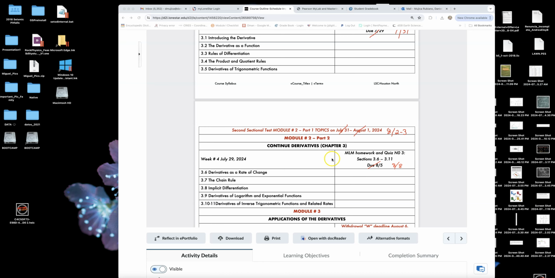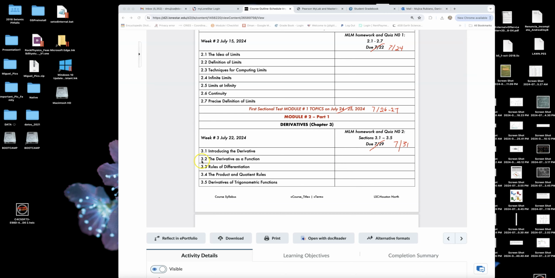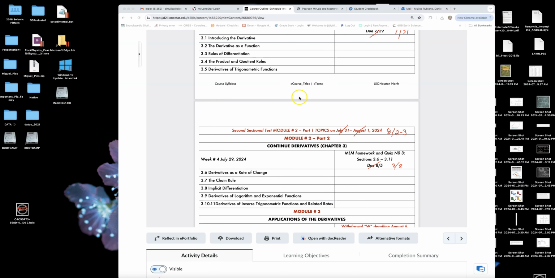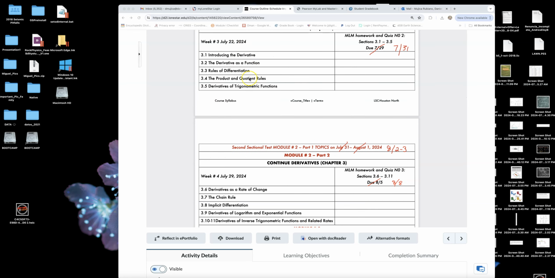There was a first part between sections 3.1 to 3.5, in which we learn everything about the fundamentals of derivatives. We finished that. We made the sectional test about that part of the module over this weekend.